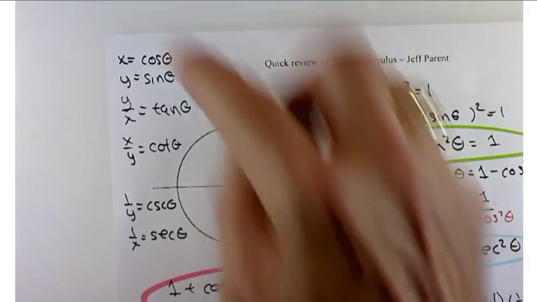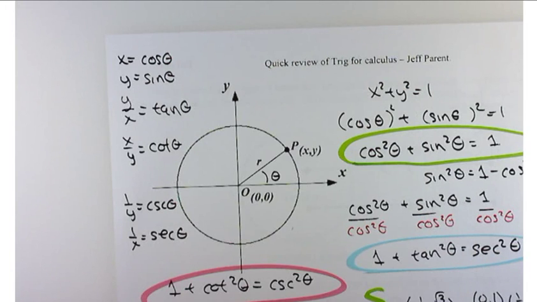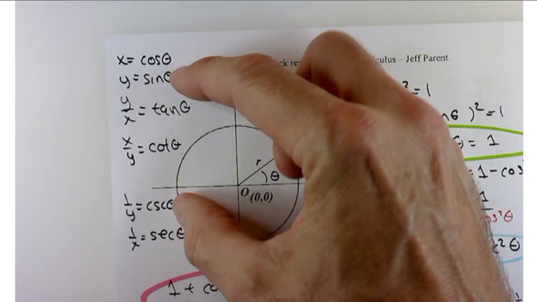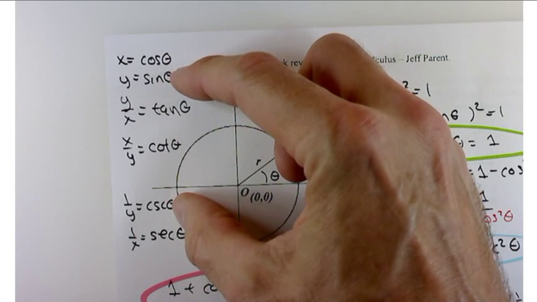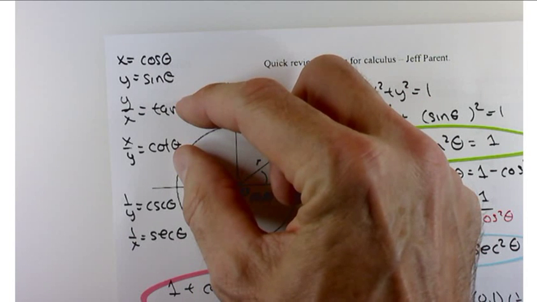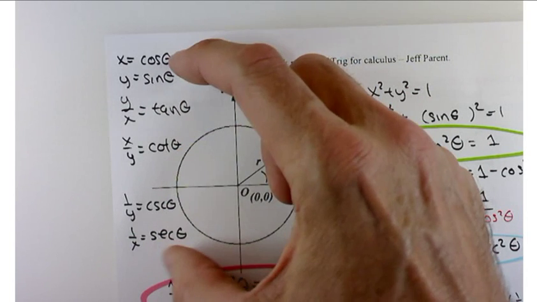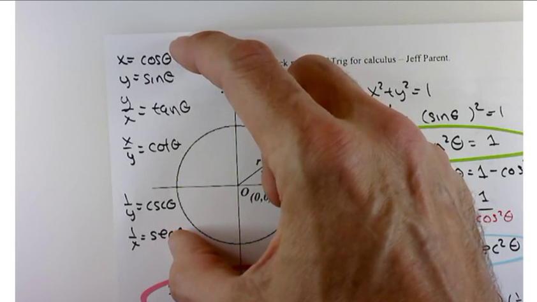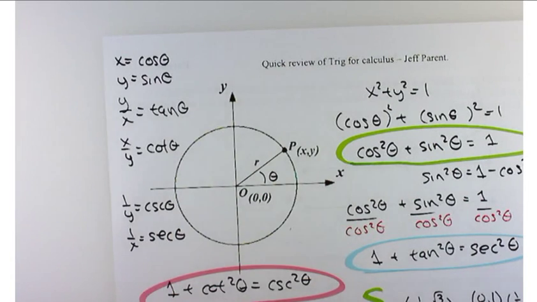So all of them are positive in the first quadrant. Sine and its reciprocal, so these 2 are positive in the second quadrant. Tangent and its reciprocal are positive in the third quadrant. And cosine and its reciprocal are positive in the fourth quadrant. So all students take calculus.